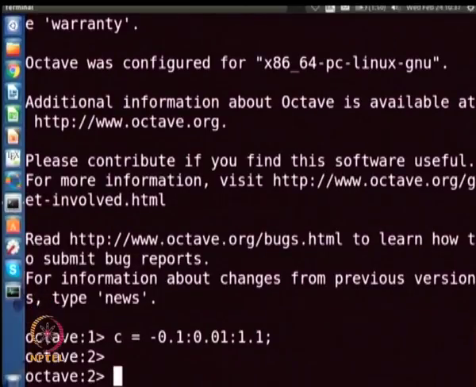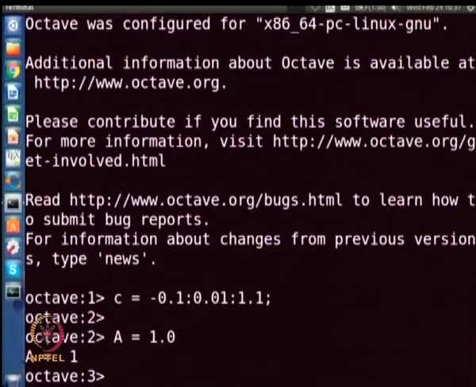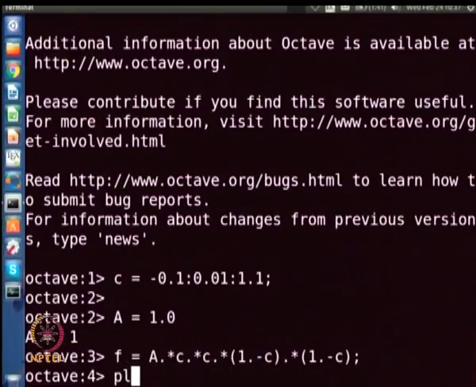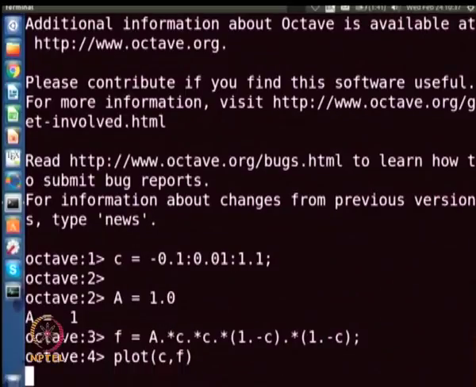We need to define what A is. So, let me define A to be 1, and now I am going to define F to be equal to A dot star c dot star c dot star 1 dot minus c dot star 1 dot minus c, because I want to take each component of this vector c and calculate F. So, that is the F. Now, I can plot c comma F. Okay.